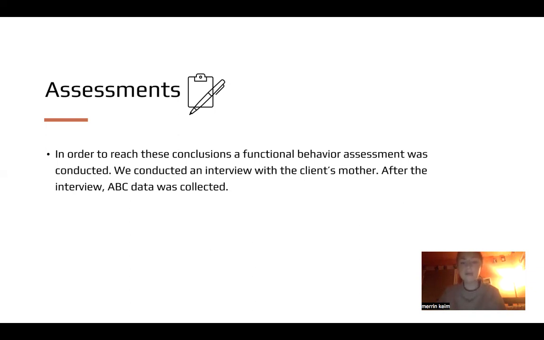ABC data was also collected. So this data was collected in order to better understand the antecedents of the behavior, what was happening before the behavior was transpiring, and what that impact was that had the behavior occur, and also the consequences that were occurring, that were reinforcing the behavior of elopement.